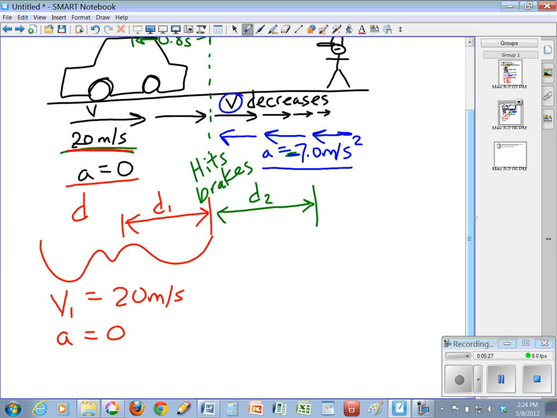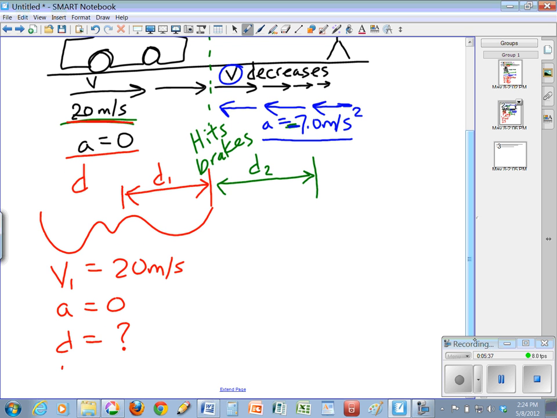We do not know the distance that the car travels, but we do know the time. We know the time equals 0.8 seconds. So it would be good to find the distance the car travels before the car hits the brakes.